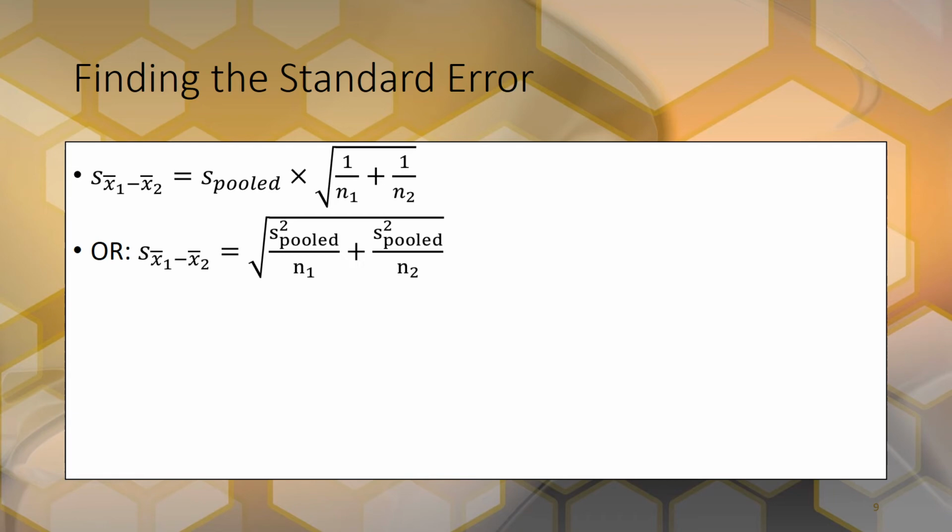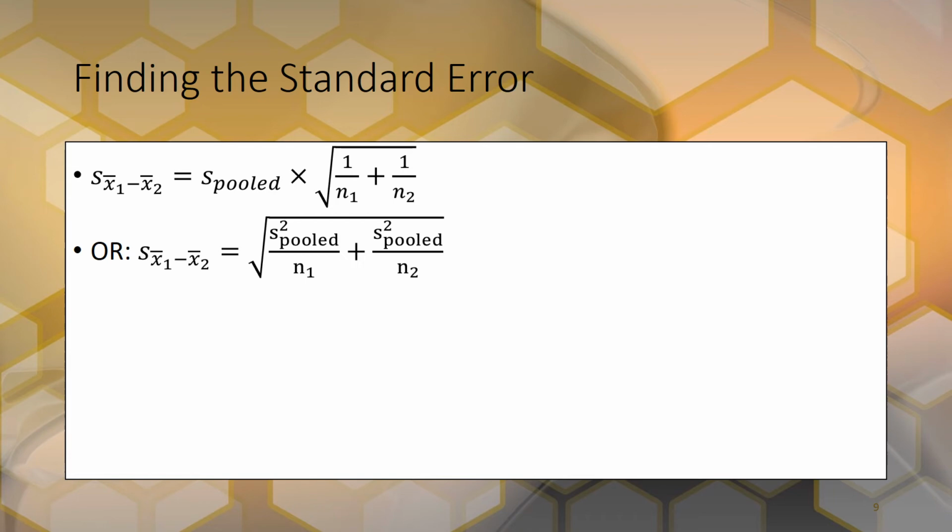But now you need to also find the standard error. So you need to know the difference between standard deviation and standard error. Standard deviation is how far a typical individual is from the population mean. So standard deviation is about variability of individuals.